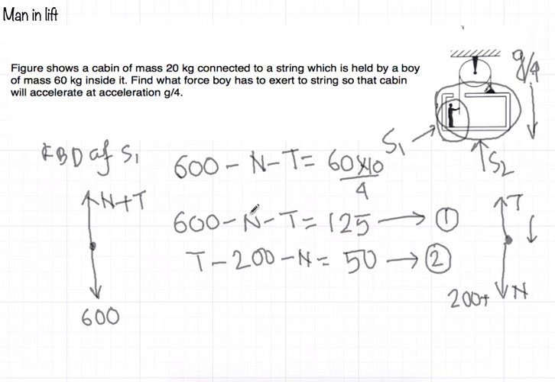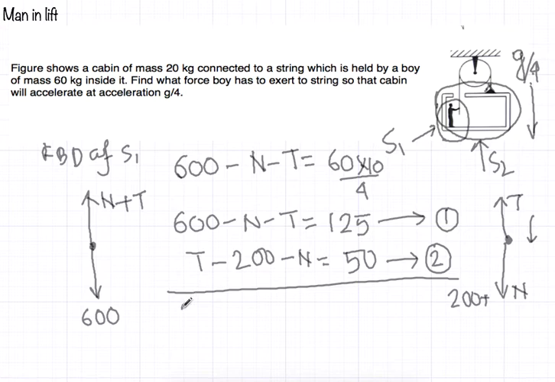So we got two equations, two unknowns. What are the unknowns? T and N, right? Now we have to find out T, because it's the force exerted by the boy on the string, which is nothing but T. So what we can do, we can subtract these, okay? Then N will cancel out.